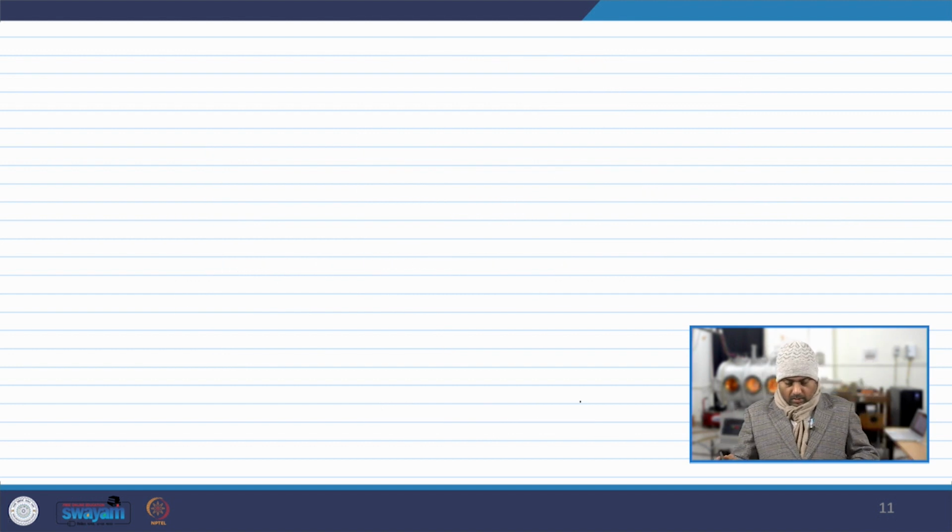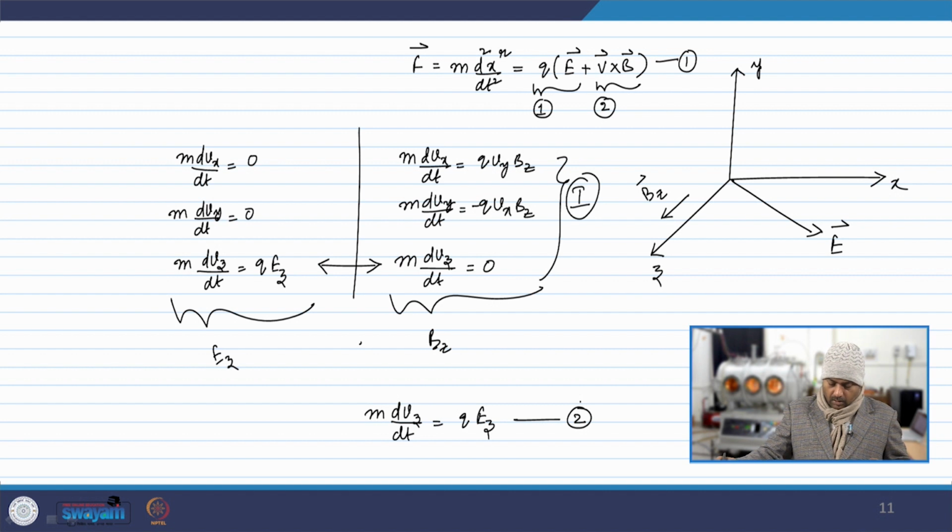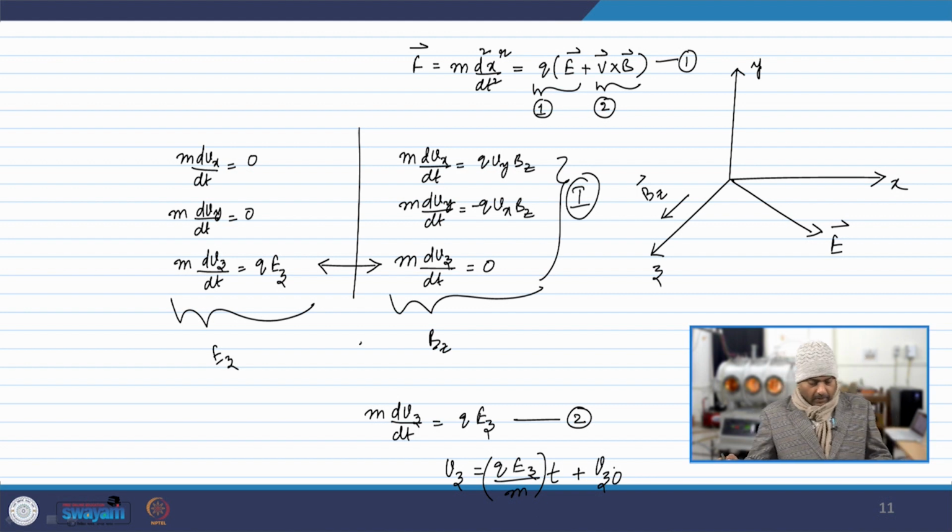Right. What does equation number 2 suggest? If you integrate this equation, we will get something like this. Vz is q Ez by m, of course, m is there. Since we are integrating, you will get time on the right hand side plus a constant which you are going to obviously call the initial velocity. Right. So, what does it suggest? It suggests that there will be linear acceleration along the z axis, or the z component of the electric field.